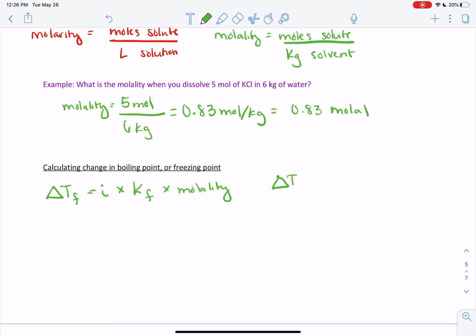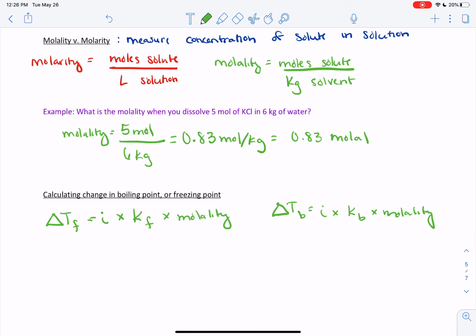Now we can do the same thing for the boiling point, delta Tb equals i times Kb times molality. Okay, so we already know what molality is. We just calculated it here.